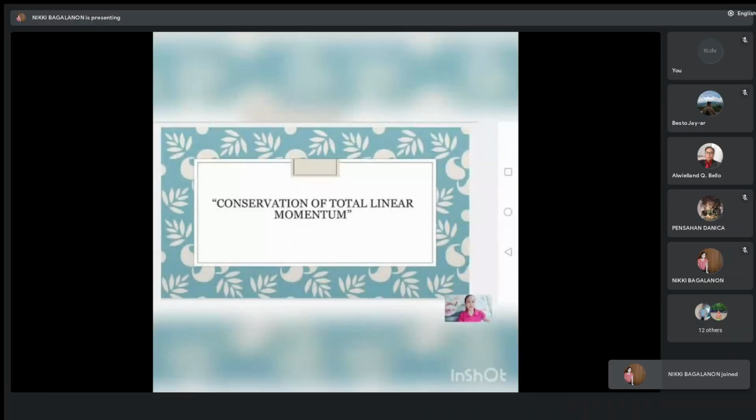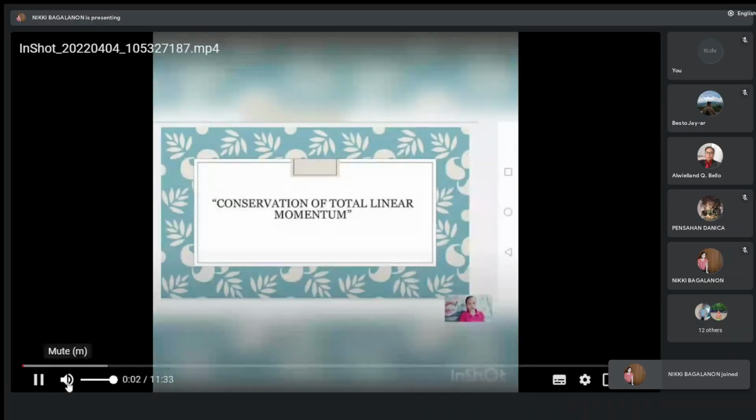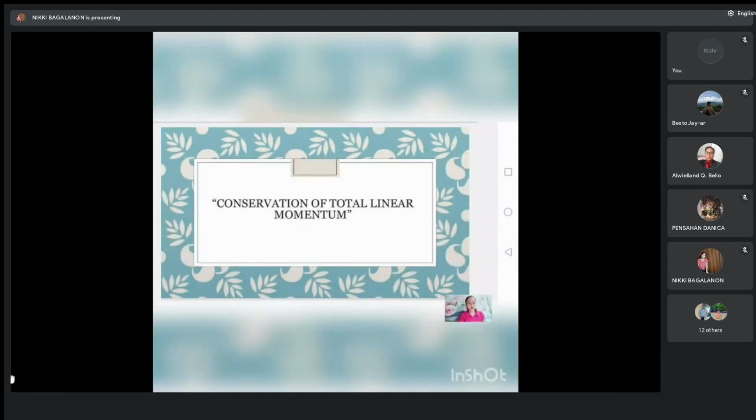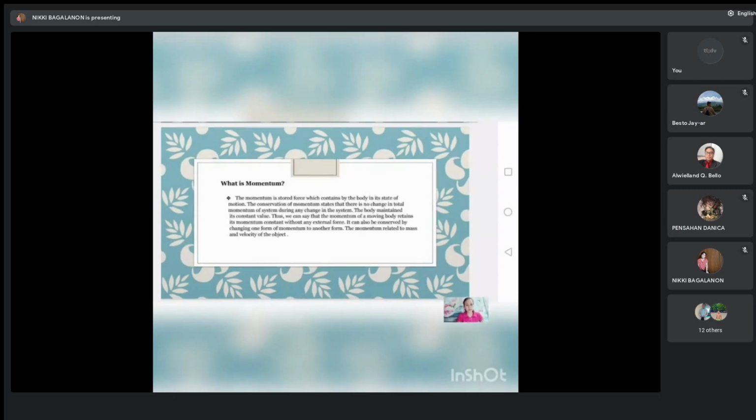So good afternoon everyone. For this afternoon, we're going to report the topic about conservation of total linear momentum. What is momentum? Momentum is stored force which is contained by a body in its state of motion. The conservation of momentum states that there is no change in total momentum of a system during any change in the system.